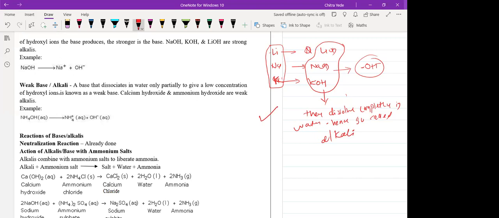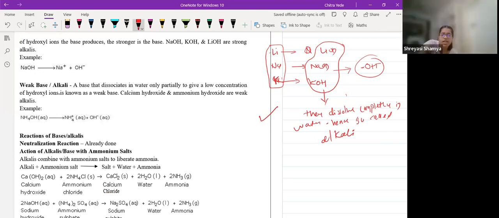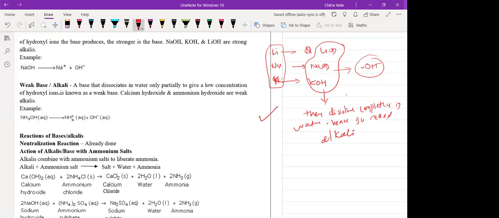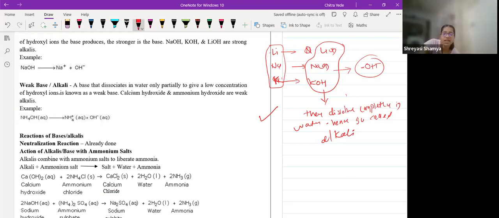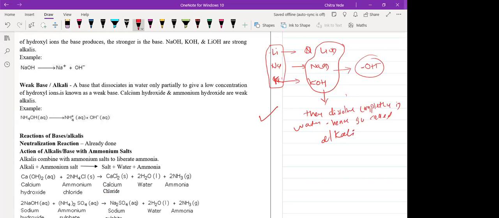Sir, weak bases only dissociate partially in water, so why are they also known as alkali? A base that dissociates in water only partially, giving a low concentration of hydroxide ions, is known as a weak base, meaning it does not dissociate completely.